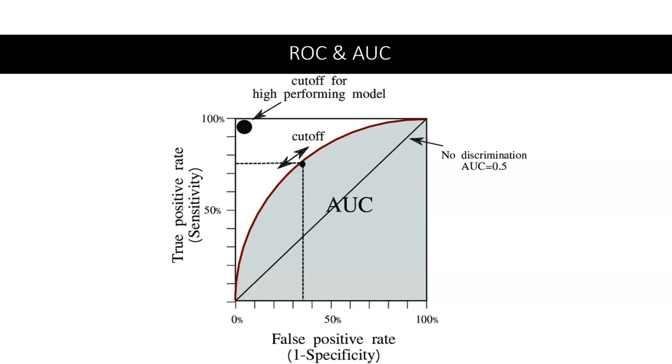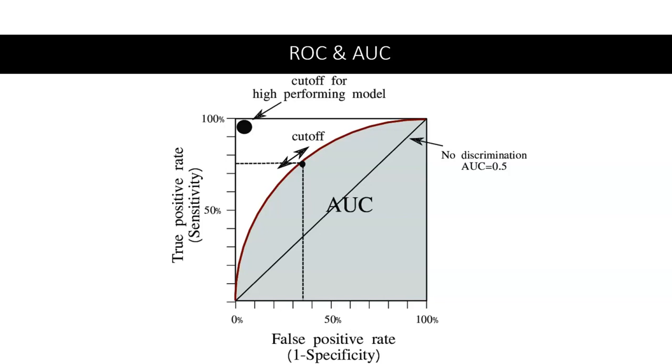ROC is basically a probability curve. So whenever you hear about ROC, the word probability should come to mind, and it ranges from 0 to 1. While AUC, area under the curve, represents the degree or measure of separability.